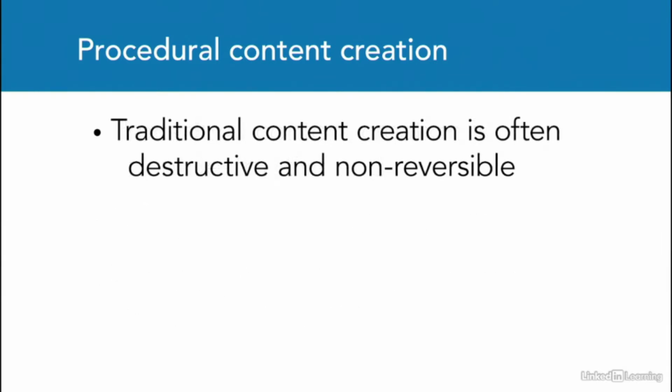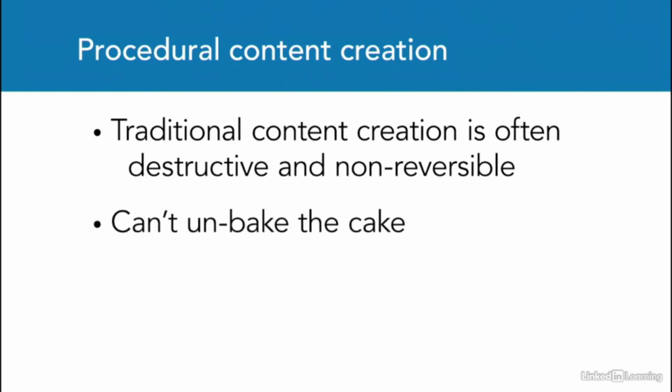This is something that is notoriously difficult to do in traditional content creation because many changes are generally destructive and non-reversible. To use the recipe analogy, in traditional content creation, we can't unbake the cake. All we can do is hit the undo button and load the last state from memory, or load a previous saved version from disk.